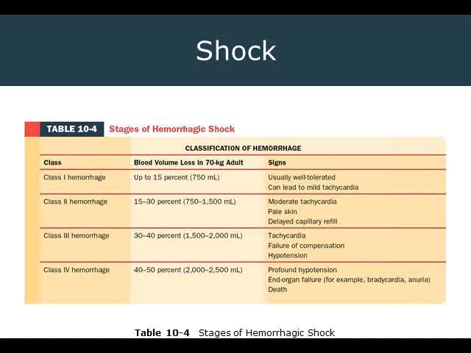Now the stages of hemorrhagic shock, this is really not something that I'm probably going to test you much on, but it is something I think it's good to keep in mind. We have basically 4 classes of hemorrhage, and the classification of their hemorrhage is based off of the percent of blood volume lost.